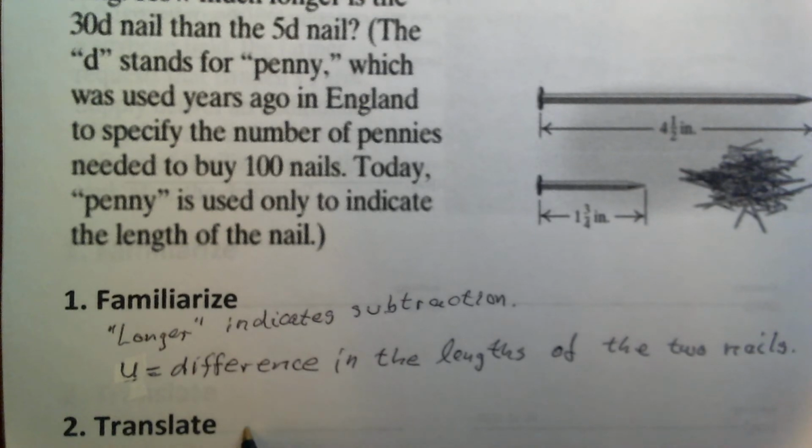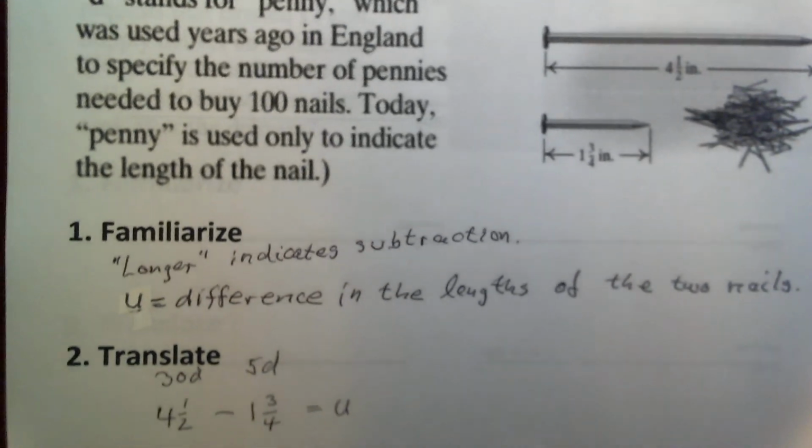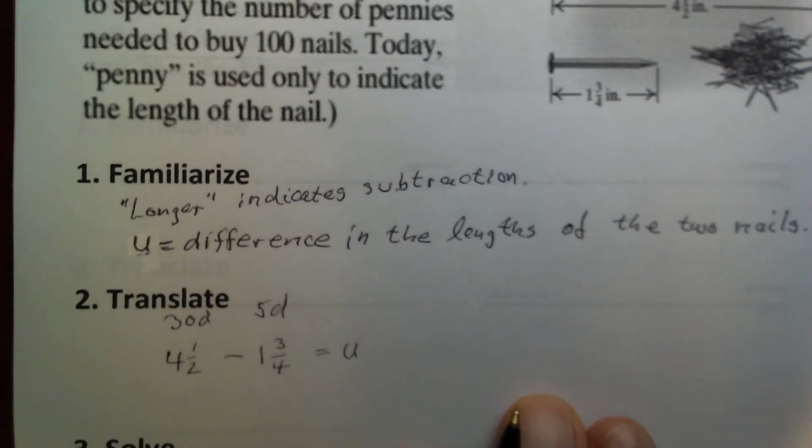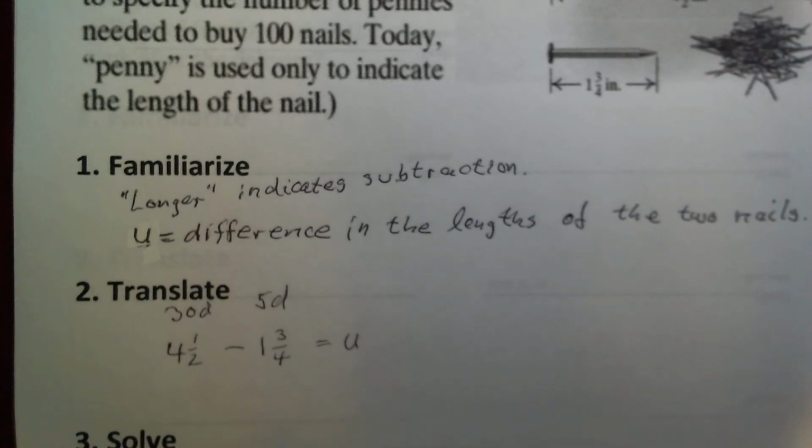So the 5D nail is 1 3/4, the 30D nail is 4.5, and so the difference is equal to U. Now we want to solve this problem, and we subtract, as we have learned before, 4.5 minus 1 3/4.